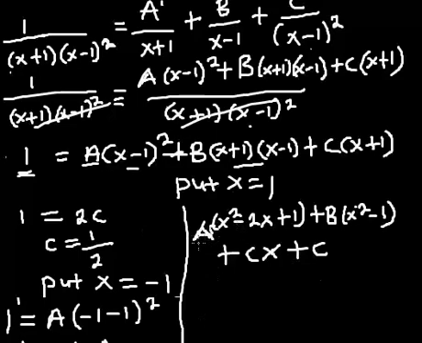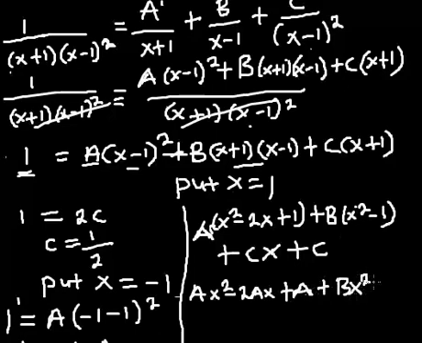So I'm going to have a multiplied by x squared will give me ax squared, then minus 2ax, plus a. All right, the same happens here. I have bx squared minus b, then plus cx plus c.